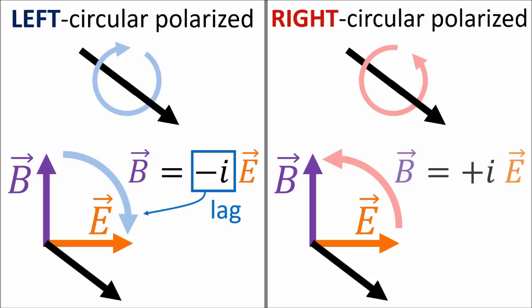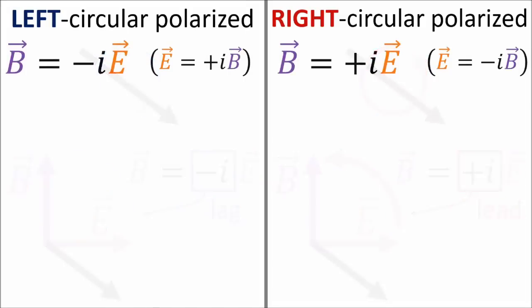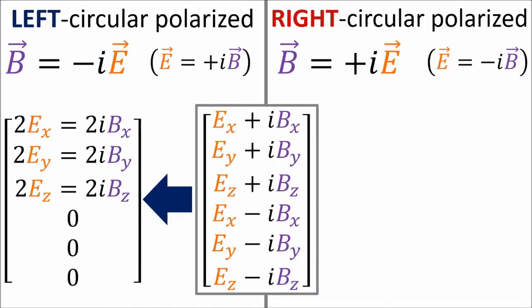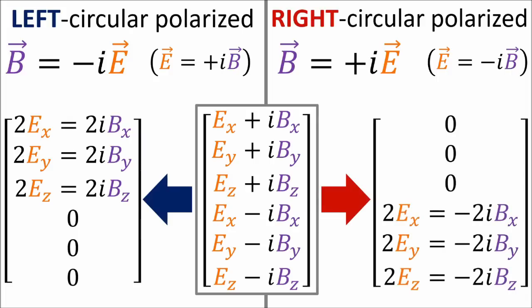And right circular waves will have the B field lead the E field by a quarter phase with +I. Looking back at our 6-component column, in the left circular case, only the top half is non-zero. And for the right circular case, only the bottom half is non-zero. So these really do represent the left and right circular polarizations of the electromagnetic field.